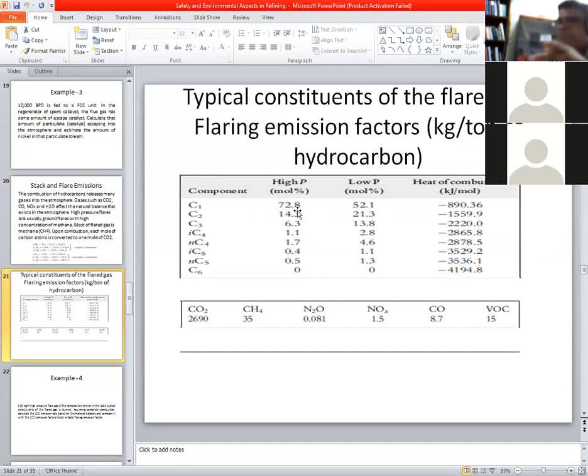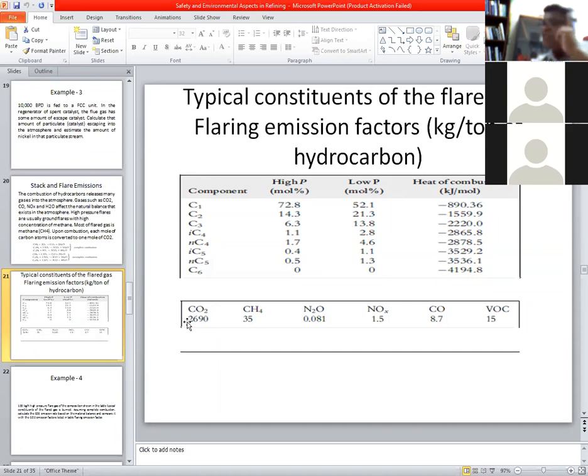By using this composition, we will find the CO2 emission rate, and after that we will compare it with the rate from the emission factor, which is given here, using what we have learned so far.